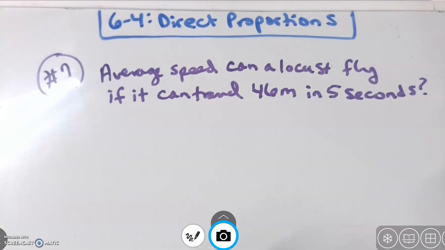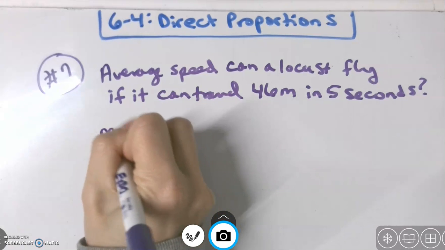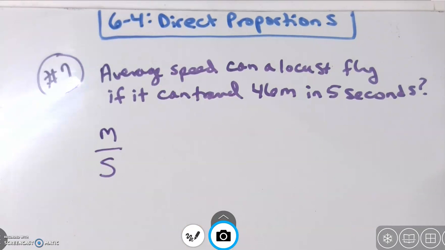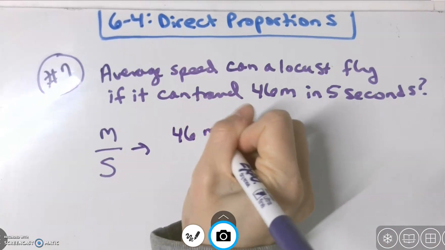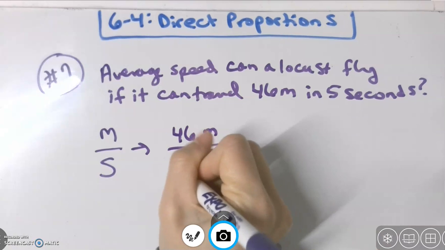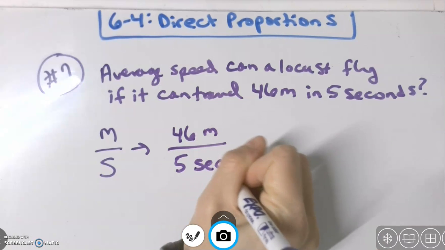What we're looking at here is just meters over second, and you're going to remember that unit rate always has 1 in the denominator. So meters per second. When I set this up, it's going to be 46 meters in 5 seconds.